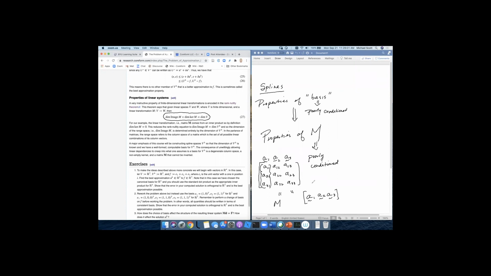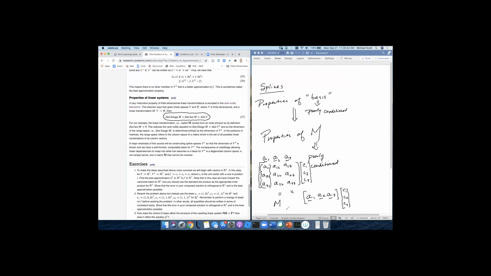The image of M is any linear combination where you take, let's see, you're going to multiply this by C1, C2, C3. Okay. So this is equivalent to the inner product of these column vectors with C1, C2, C3.